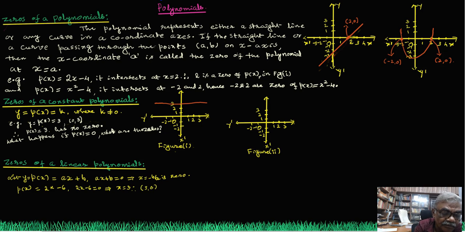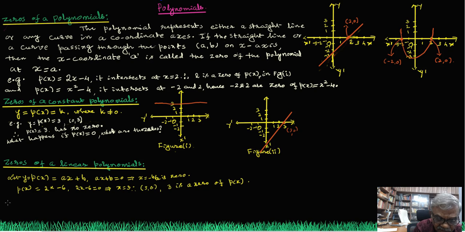Here you can see the point (3, 0). So this is the point (3, 0), and therefore 3 is a zero of p(x).